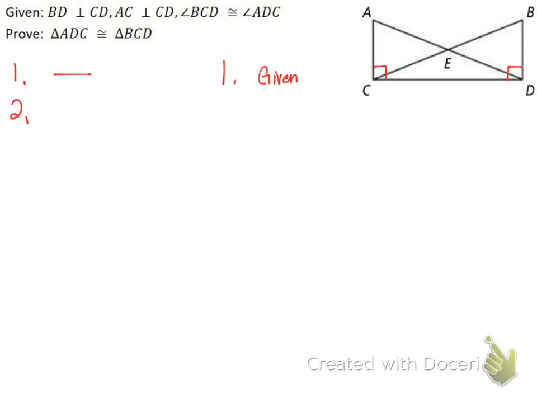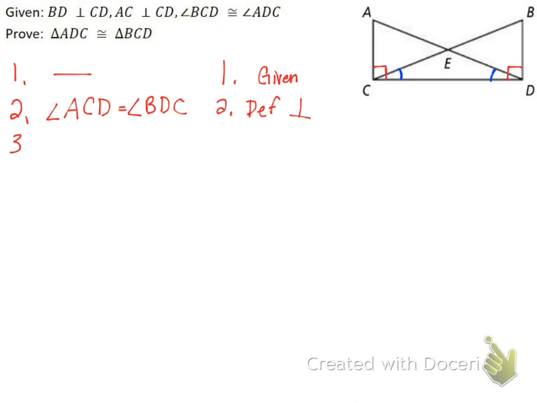So with step 2, I can say that angle ACD is equal to angle BDC by definition of perpendicular. Now with my third step, I have in my given statement that angle BCD, this angle right here, is equal to angle ADC, which is this angle right there.